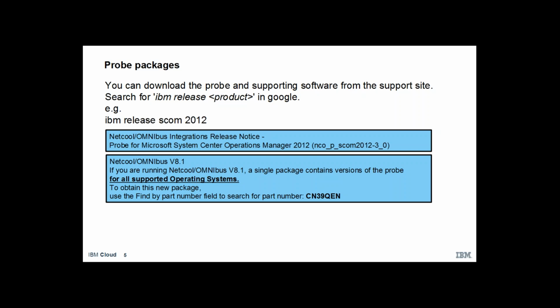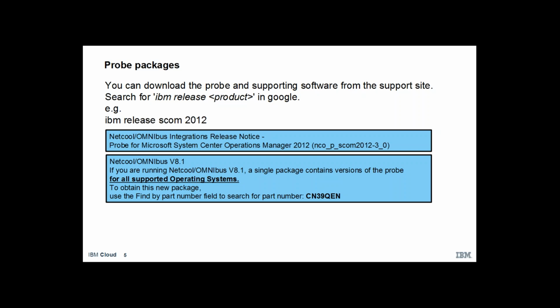The easiest way to find them, I found, is using Google. You just search for IBM release and then the probe name, for instance JDBC probe, and you should come up with the package within the first couple of listings.